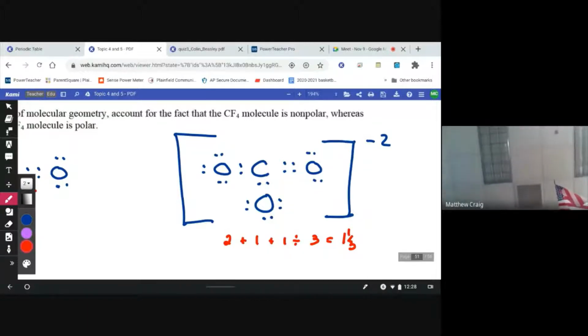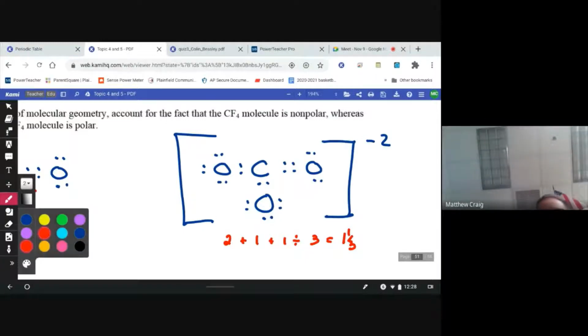If there's a charge, they would all rather have 2 shared and 2 lone. So in that situation where you have a polyatomic ion, which is the majority of the time where you have a charge, I can't think of another time where we have a charge and we don't have a polyatomic ion, those double bonds are switching places quite a bit.